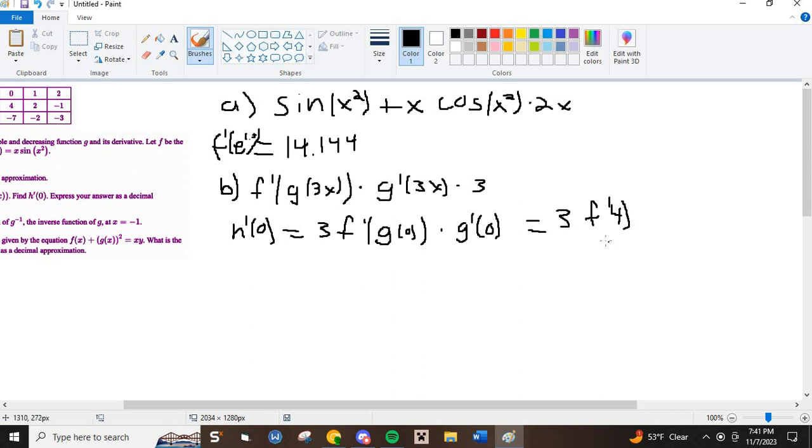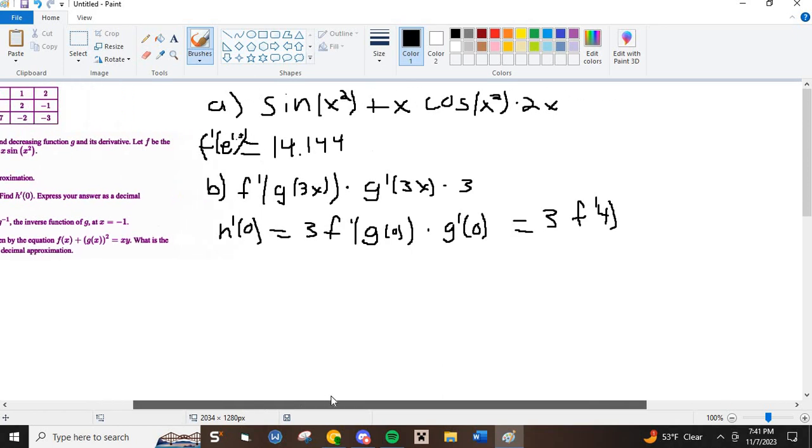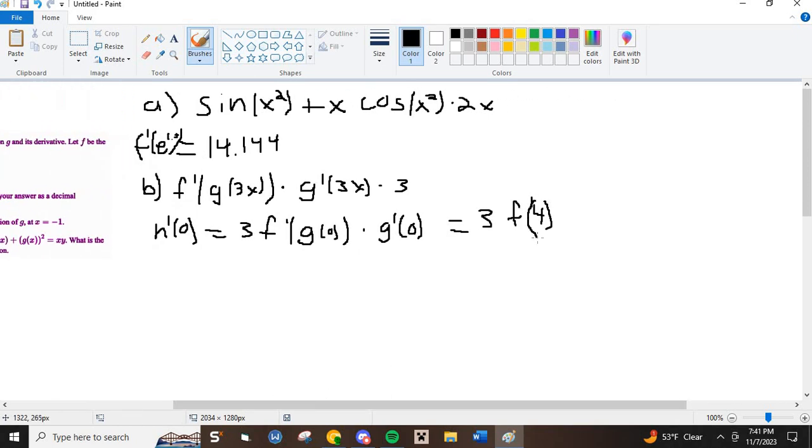By the way, I got g of 0 from the table over here, this chart. So g of 0 is 4. So there's going to be f prime of 4 times negative 7.